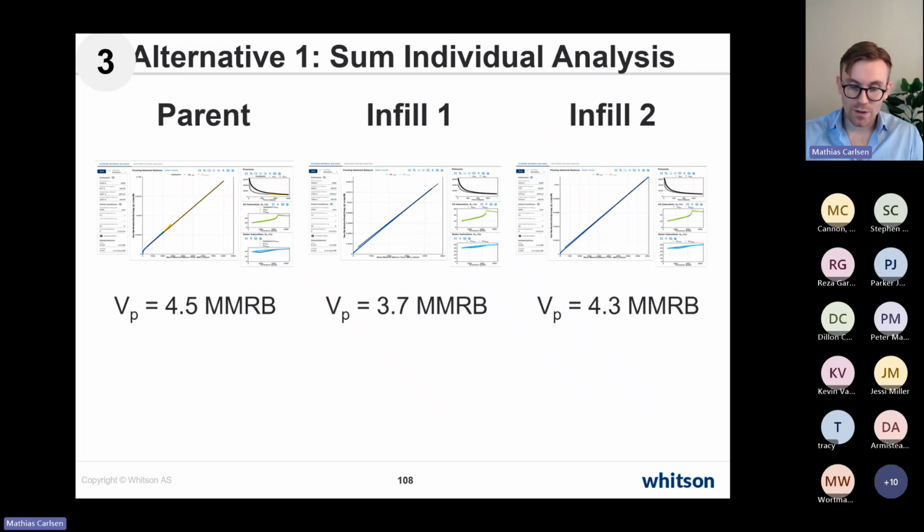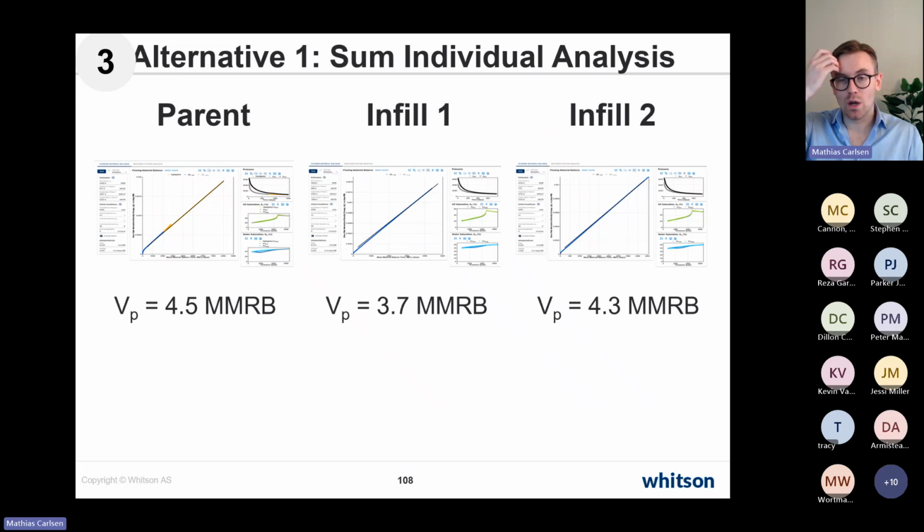The closest infill will basically be tapping into a lot of already existing drainage. So that pore volume will be a little bit less than what the whole stimulated rock volume for the infill would be. That's why that's the lowest one.